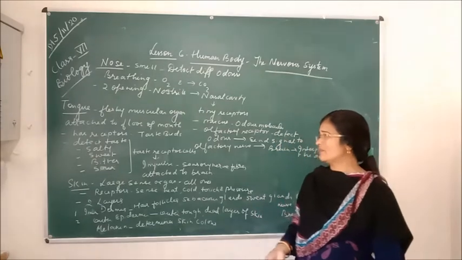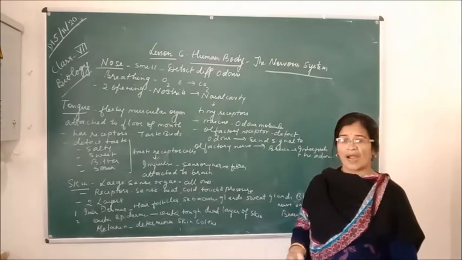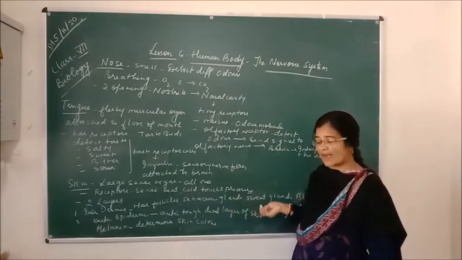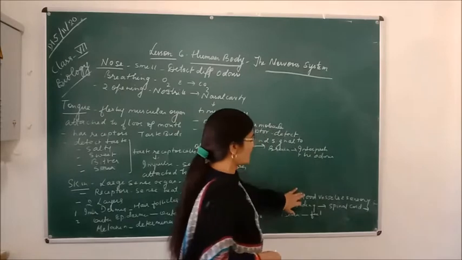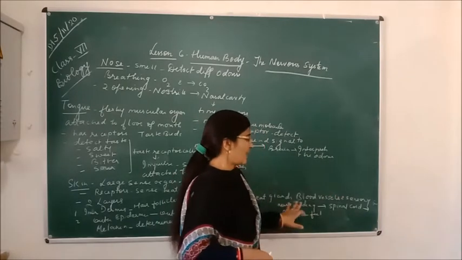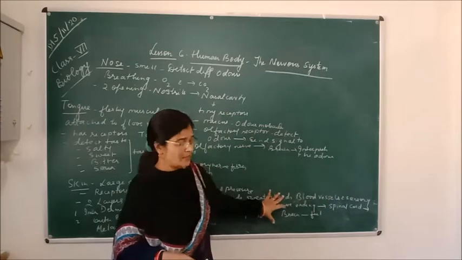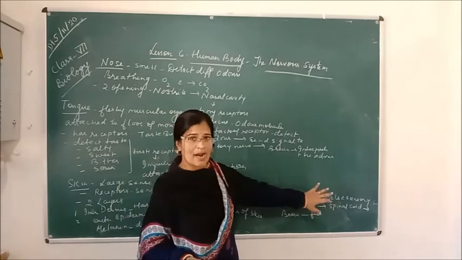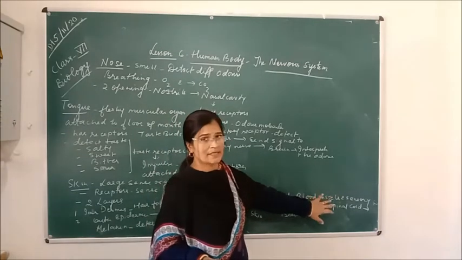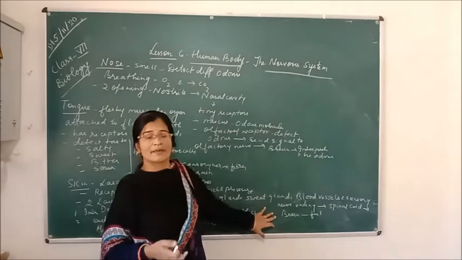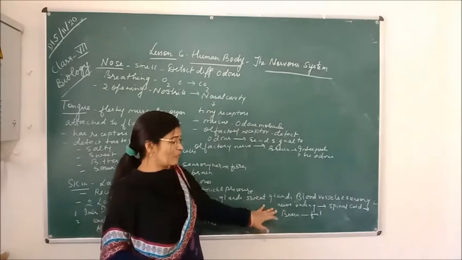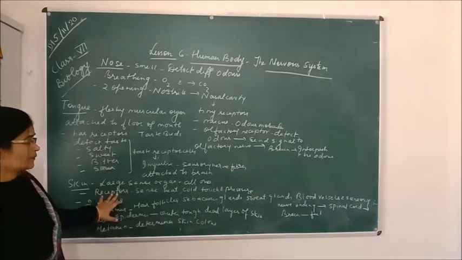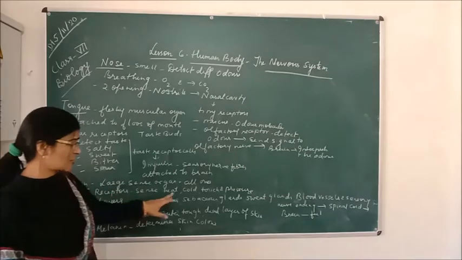And the second one is the inner epidermis, and the inner epidermis contains the hair follicles, sebaceous glands, sweat glands, as well as blood vessels and sensory nerve endings. Through these sensory nerve endings the impulses are sent to the spinal cord, and from the spinal cord the impulses are sent to the brain, and then the brain helps us in feeling what type of feel it is, that is either it is hot, cold, touch or pressure.